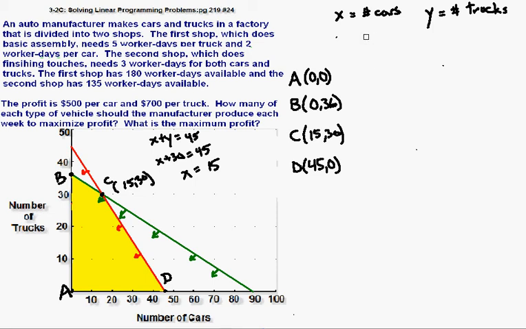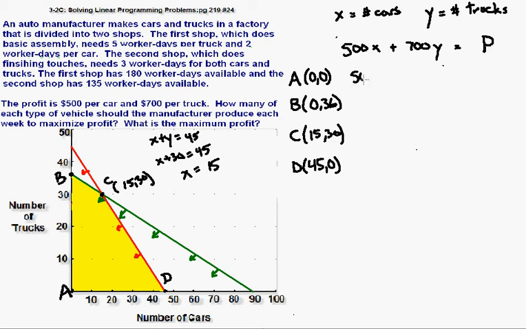So our profit equation is 500 times the number of cars plus 700 times the number of trucks equals our profit. With all 4 points, we're going to plug the x and y coordinates into this equation and see which one gives us the most profit.